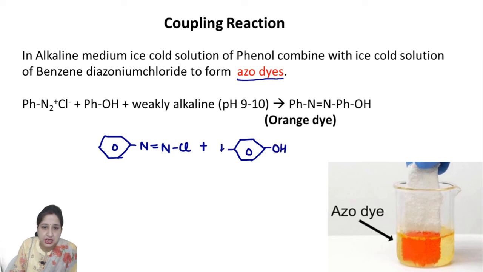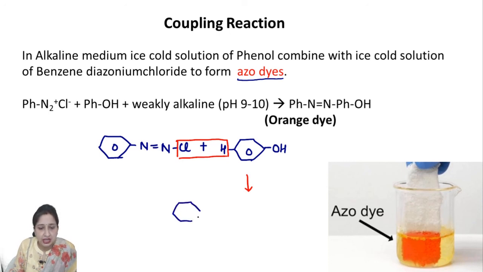So H attached on this carbon and Cl from this benzene diazonium chloride will be removed as HCl, and we get an orange colored dye known as azo dye, like this. So this is your azo dye, orange colored dye.